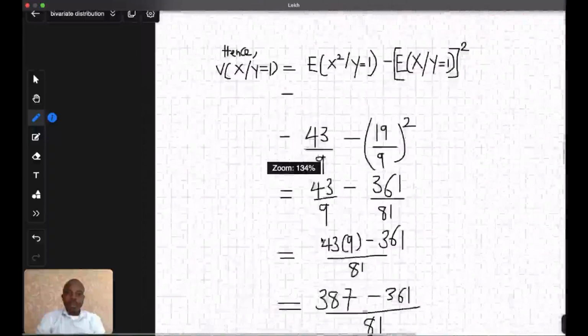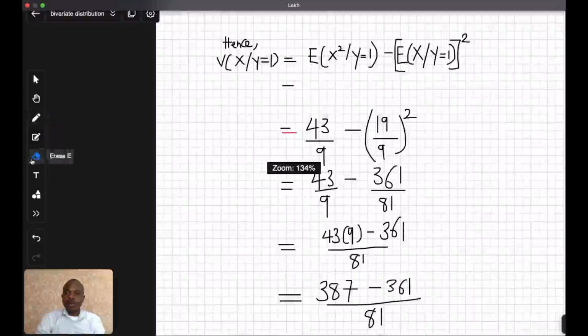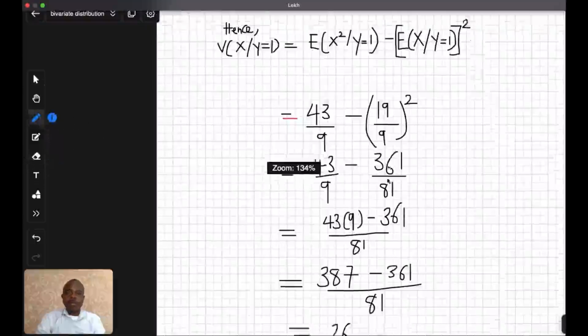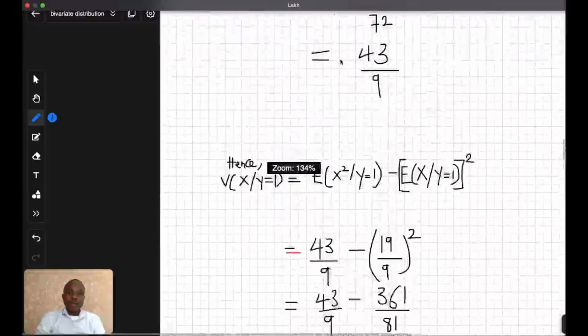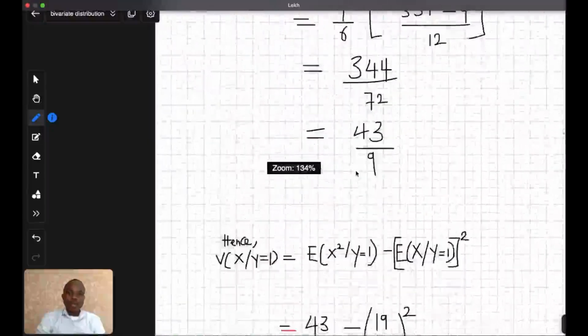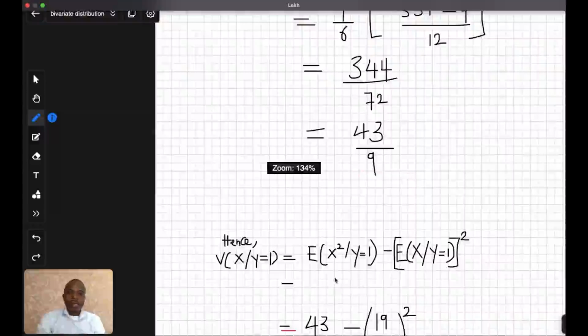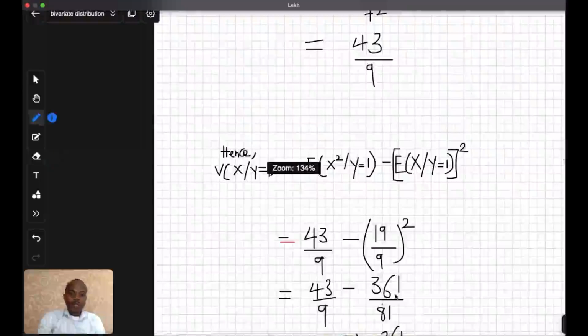The variance now is equal to 43 divided by 9, which we obtained to be the expected value of x squared given y equals to 1. All right, and that's by substituting everything that we have now.